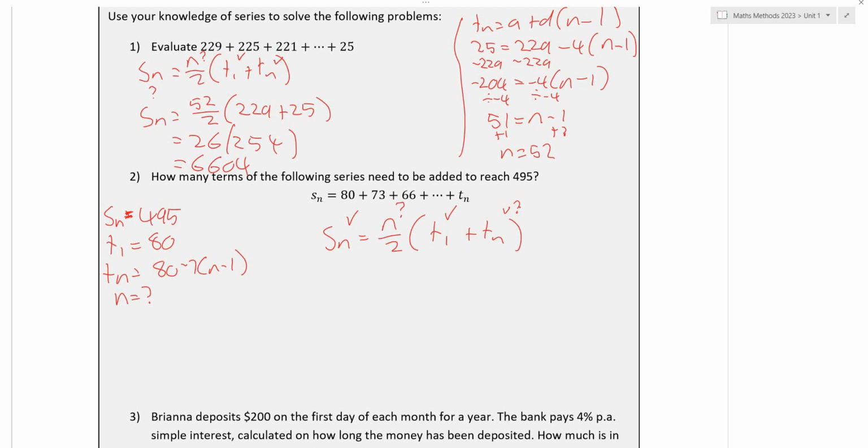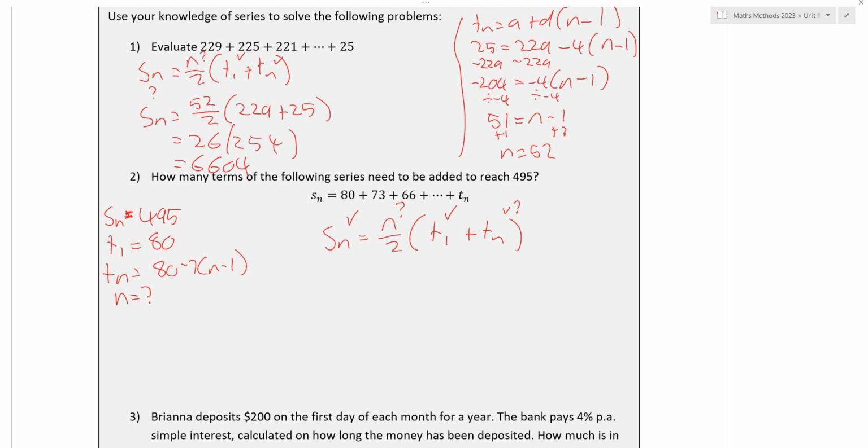When I said Tn is 80 minus 7 times n minus 1, can you see that by writing it like that, instead of just being an unknown Tn, I've made it an unknown using regular n? And if I use regular n in my rule, how many different unknowns do I have? Just one, because I'll have an n at the front and then an n in place of Tn. That means the only thing I have unknown is n, and I just have to solve for n, which I can do.